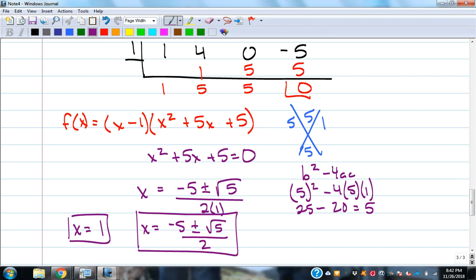What's the highest exponent in the original polynomial? 3. You had 3 answers. That's not a coincidence. In math, that's the way it works. Whatever your highest exponent is, that's how many answers you should be finding.